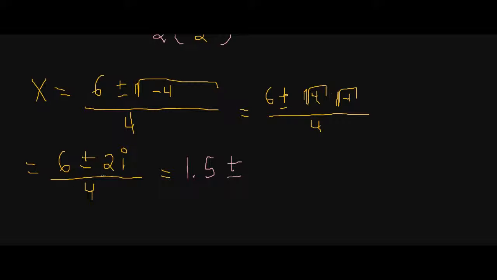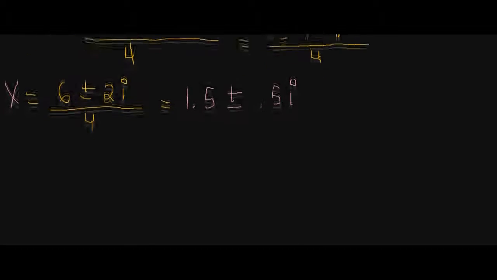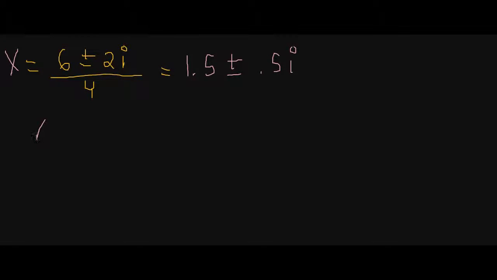So 2 divided by 4 is actually 0.5, and we get the i here. So this should be x. Now let's write our two solutions. We get x is equal to 1.5 plus 0.5i, and x is equal to 1.5 minus 0.5i.